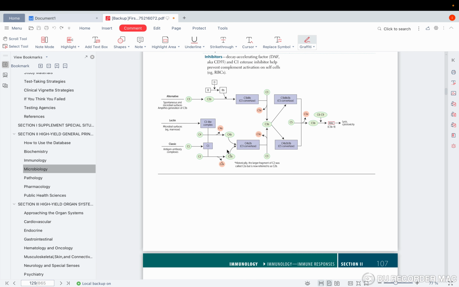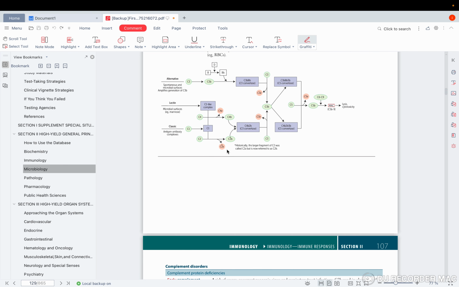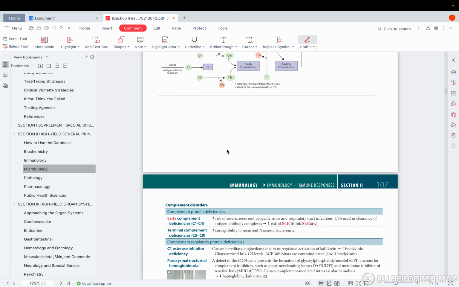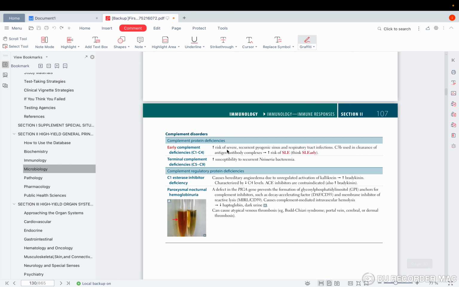Okay, excellent. So if we speak about the classical pathway, the classical pathway is initiated by which complement? Which complement starts this pathway? C1. Yep. Yep, absolutely correct.